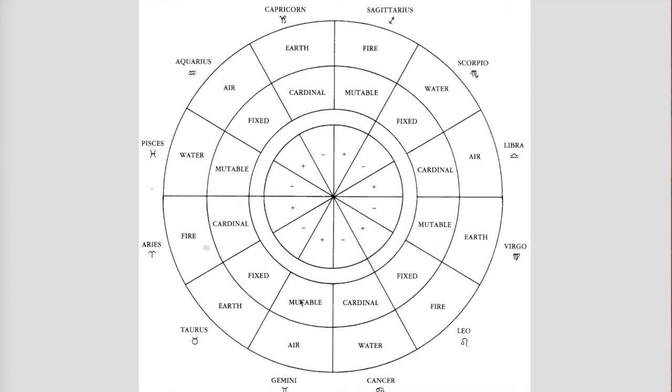The mutable is changeable. The mutable is malleable. The mutable is fickle. The mutable is interested. The mutable is diverse. So the mutable is something that is going to show you all these different possibilities.